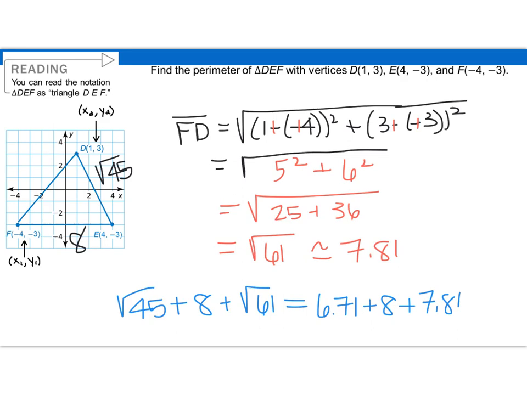So if I add all these together, this is going to give me something around 22.52, and I'm just going to put units for now because perimeter is really a length and I wasn't given a unit, so I'm just going to put units.